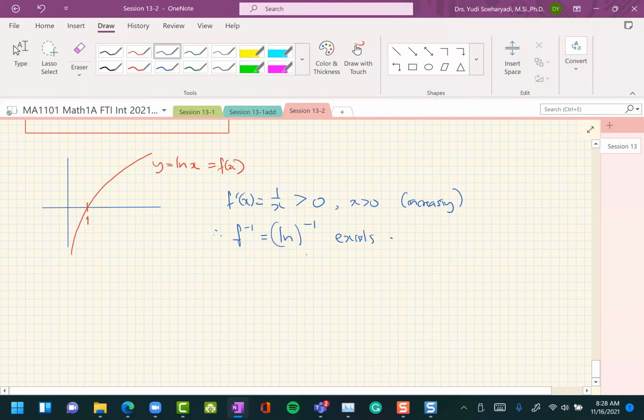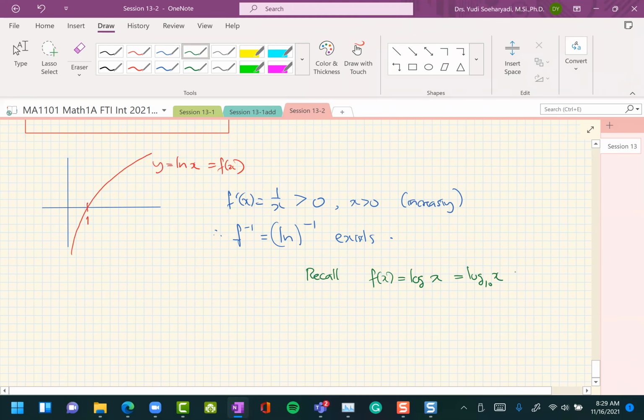What is the inverse actually? Okay, so we call that log x. This is log base 10.